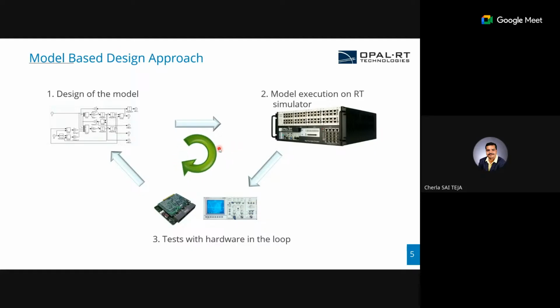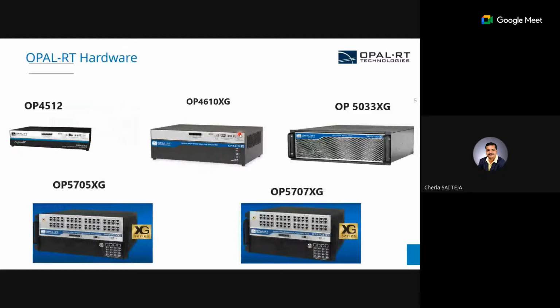So this is the complete workflow with the OPAL-RT system. Any OPAL-RT system you take, this is the workflow we follow in order to start, test, and validate your project.